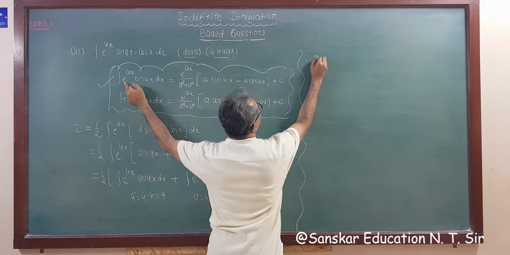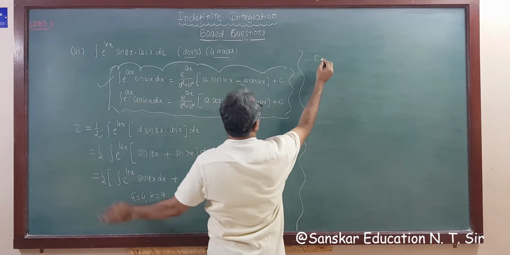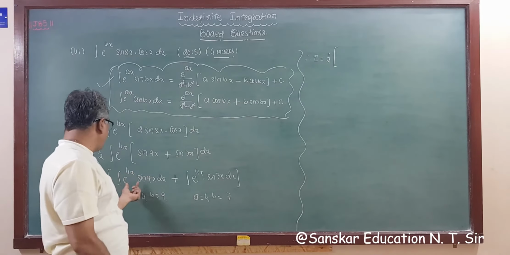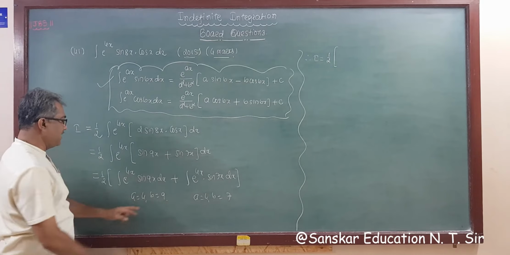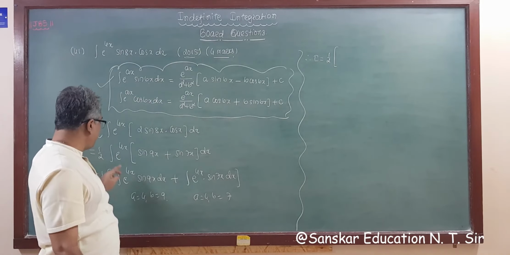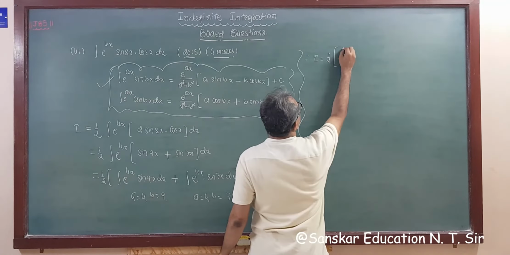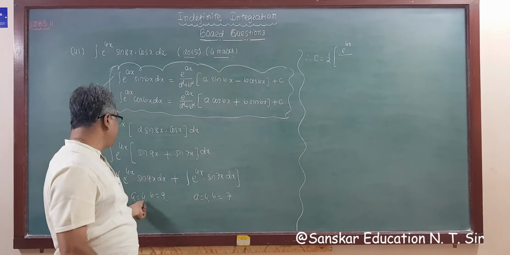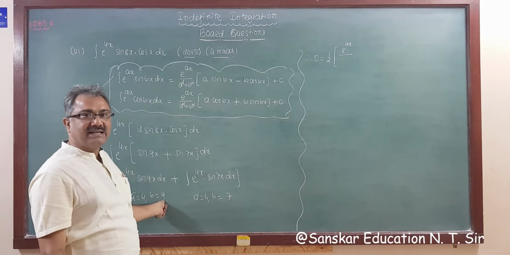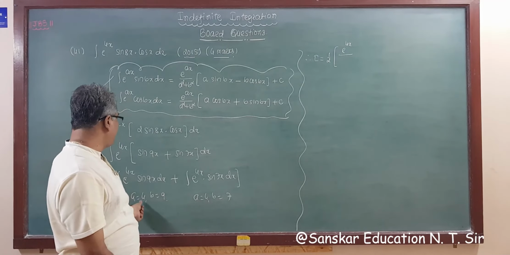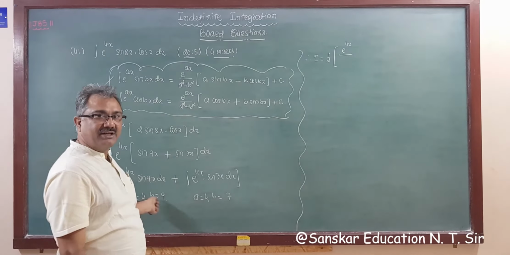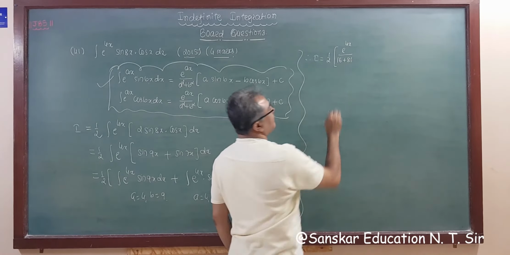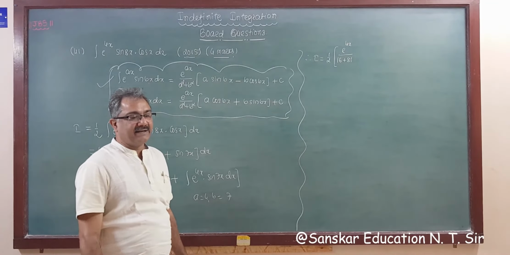So I is equal to 1 upon 2, which is outside the bracket, so I am writing 1 upon 2. Now applying the formula for this, a is 4 and b is 9, so e raised to 4x as it is, whole upon a square plus b square, 16 plus 9 square. 9 square is 81 and 4 square is 16, so 16 plus 81 is 97, right?